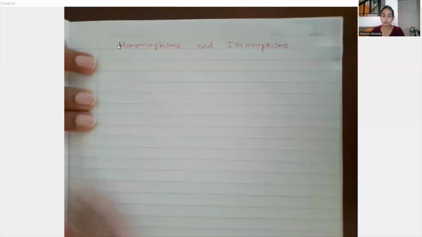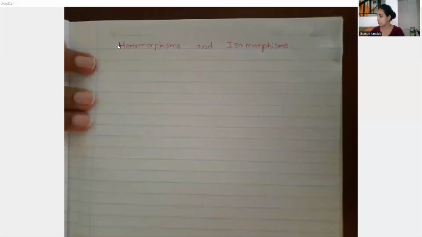Okay, so today we will start off by discussing homomorphisms and isomorphisms. So let me write it first of all. Homomorphisms and isomorphisms. So I'll start off with the definition.